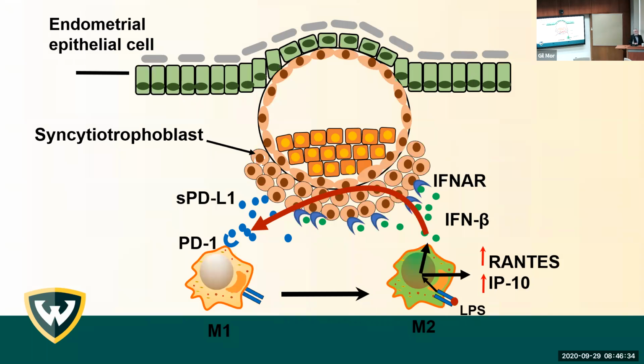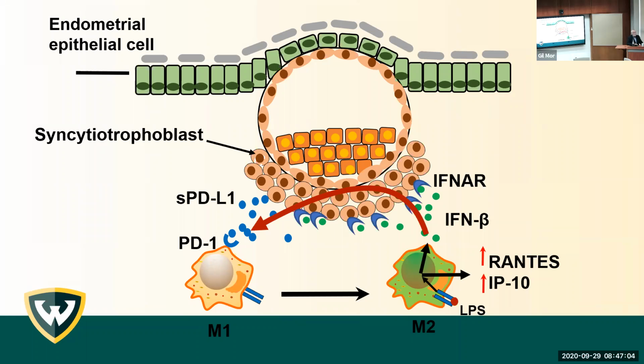Once the trophoblast invades and there is the need to initiate the repair process, the trophoblast is secreting a lot of soluble PD-L1. This PD-L1 will bind to its receptor, both on M1 macrophages as well as newly recruited monocytes, and will induce the differentiation into M2 macrophages.